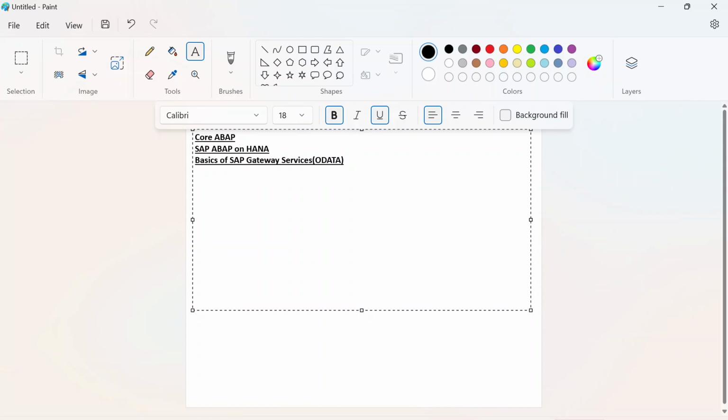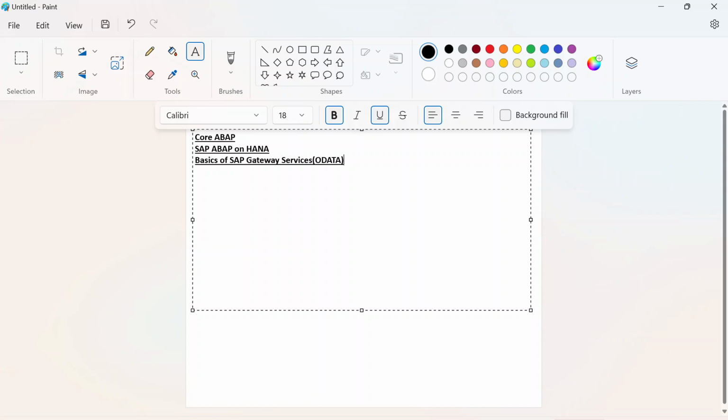And the current market for ABAP is very good. There are huge openings for ABAP. But we have very limited opportunities for freshers. Even if you get some opportunity, they are paying less salary initially. Maybe for the first year, you may get around 15K, 20K per month.